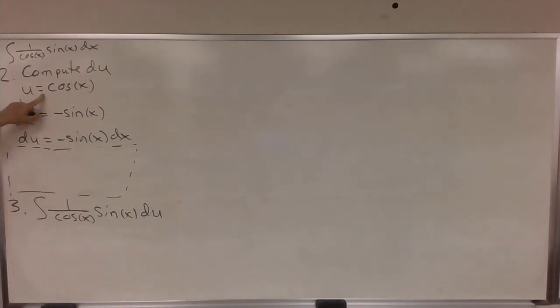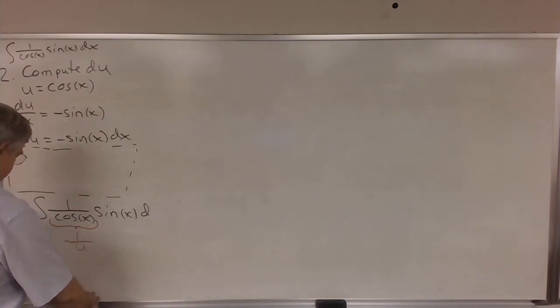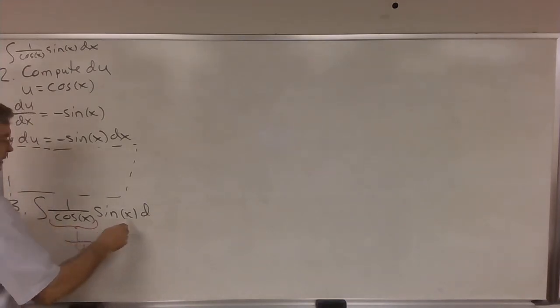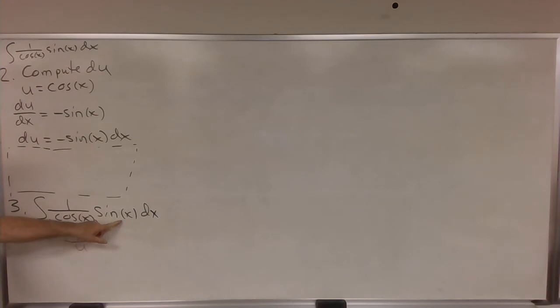Well, u is cosine of x. So this has to be 1 over u. And sine of x, whoa. I beg your pardon, sine of x dx here. Sine of x dx, I don't see that anywhere, but I see something like it.